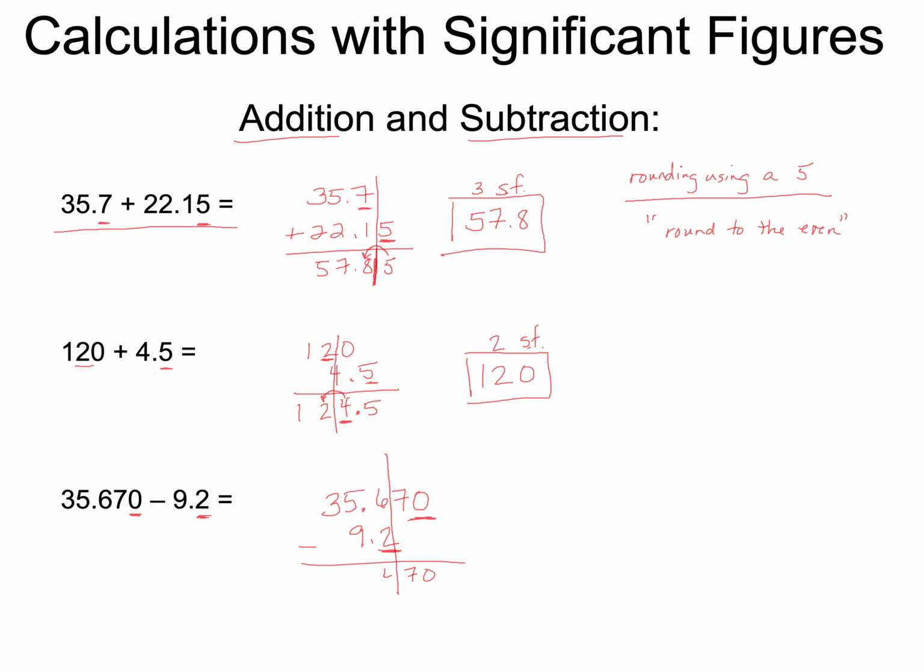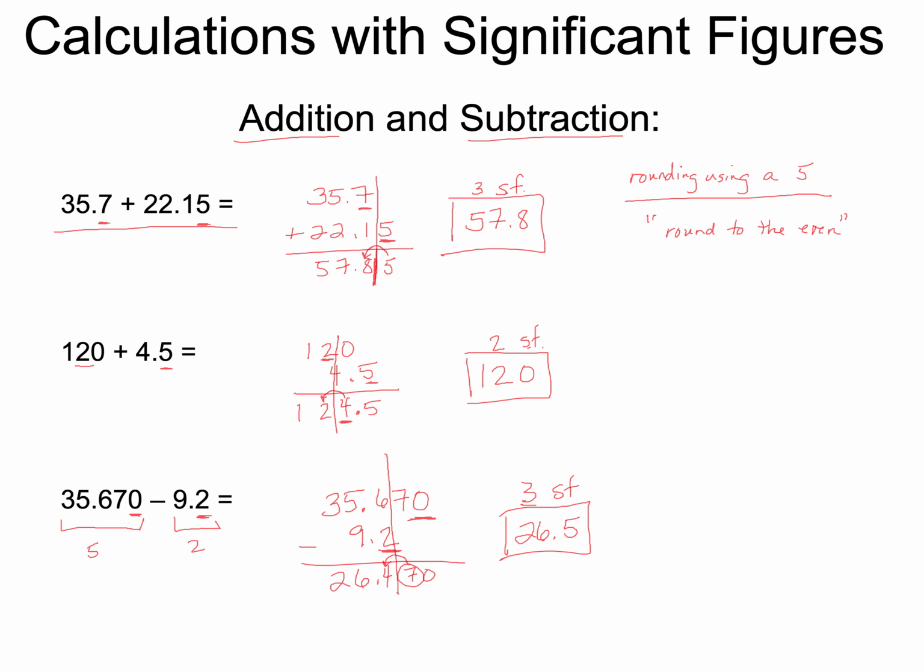So this value will look like 26.470, and we use the 7 to round the number up. So our value here will be 26.5, 3 significant figures. Note how this answer has 3 significant figures, yet this number was 2 significant figures and this number was 5.